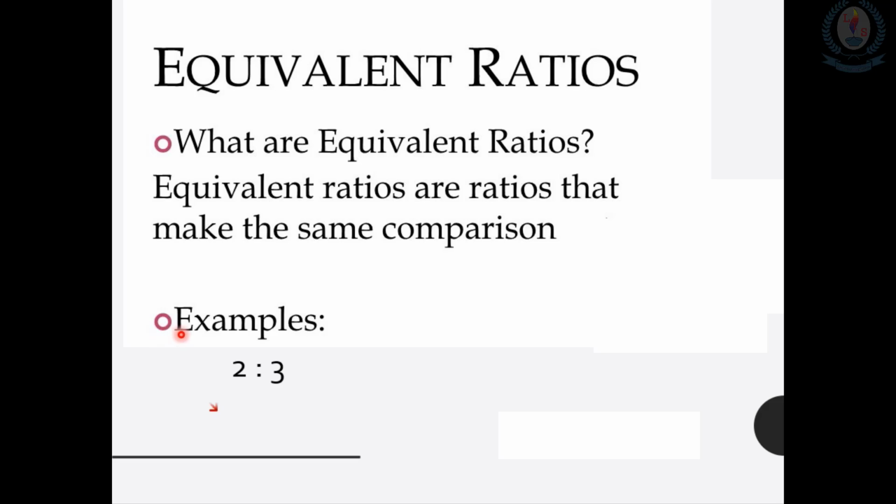Okay, the first term I am going to multiply by 5. In order to that, I use the same multiplication table to multiply the second term even. Then, the equivalent ratio for 2 to 3 is 10 to 15, since 2 times 5 is 10 and 3 times 5 is 15. 2 to 3 equals 10 to 15.